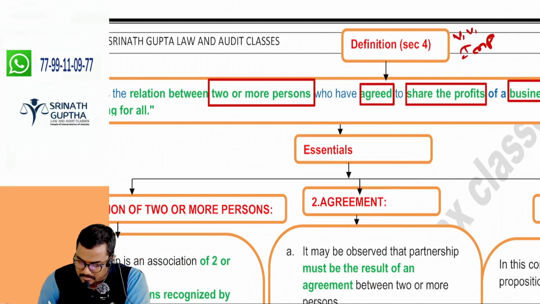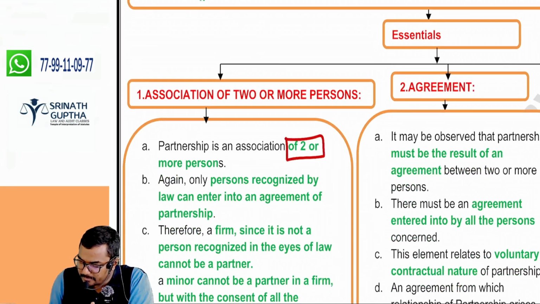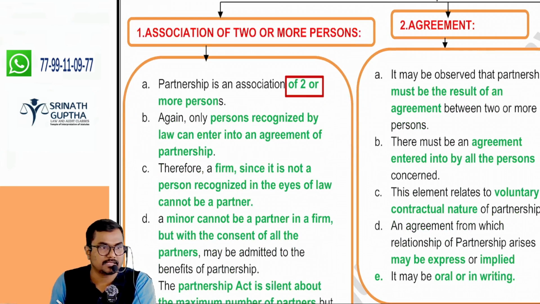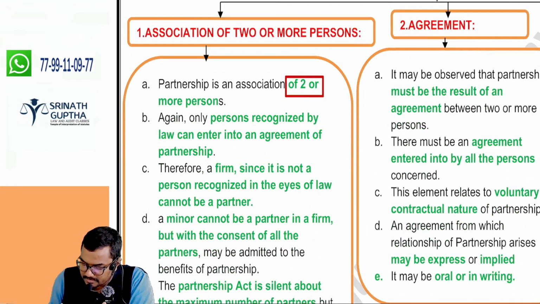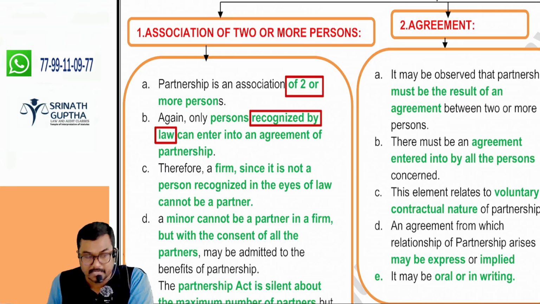First essential: there must be a minimum of two or more persons to enter into a contract of partnership. There must be a minimum of two partners. The partner must be recognized by law. The person can be a natural person or an artificial person. But if a person is not recognized by law, he cannot become a partner.